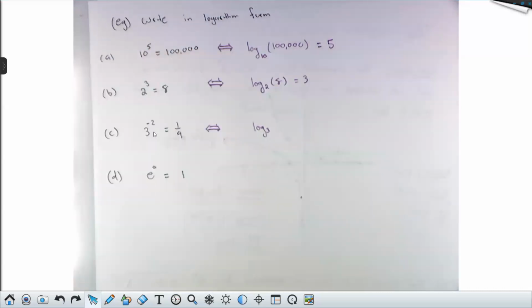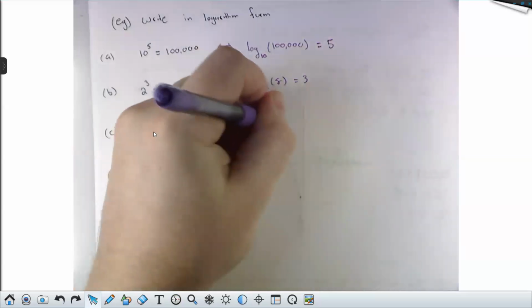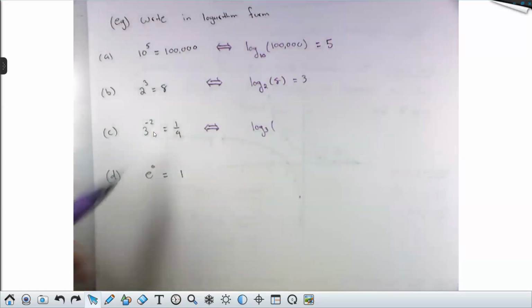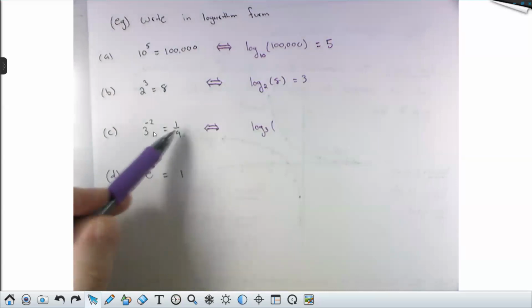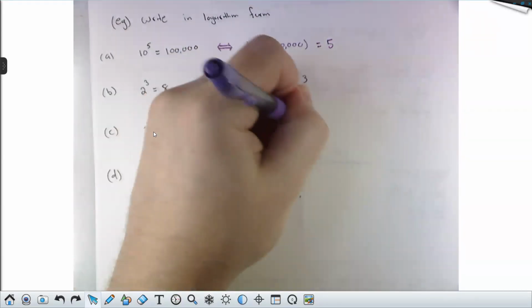Perfect. So the base of the exponential here is 3, so that's the same as the base of the log. And then we'd say that the base 3 log of 1/9 is equal to -2.